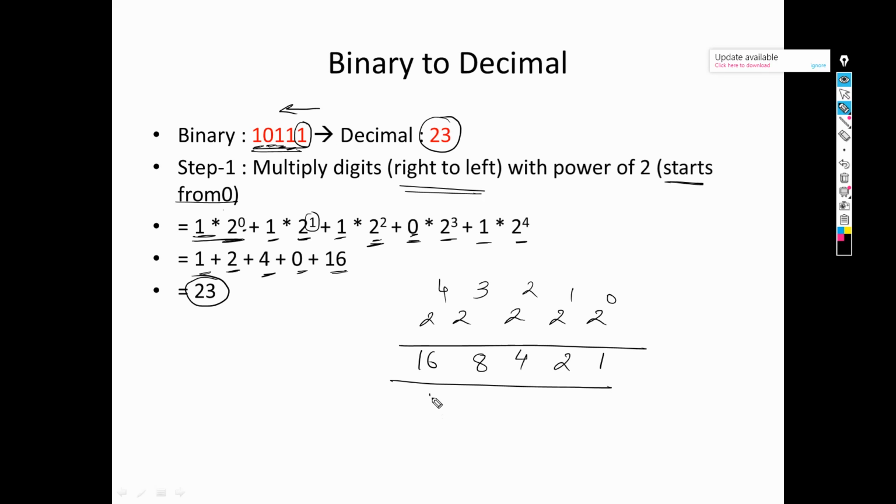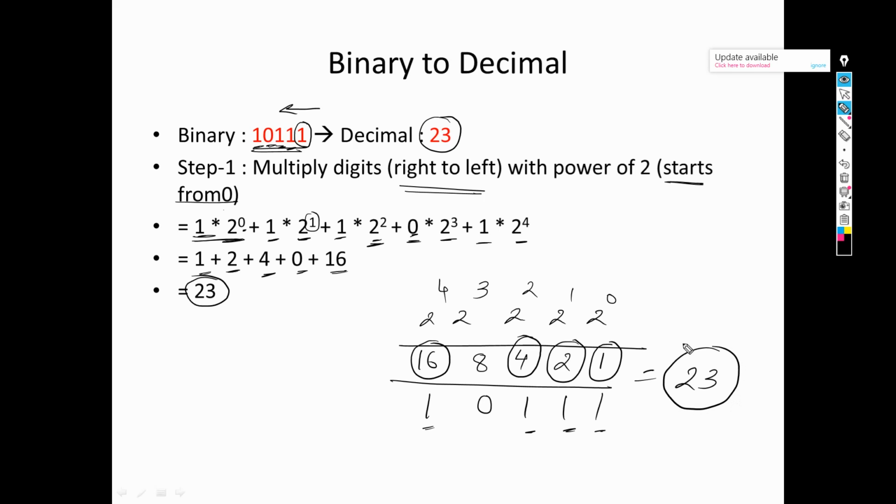We will be writing here 1, 0, 1, 1, 1. Wherever it is 1, here, here, here, here, take the sum of all those numbers. So it is 1 plus 2 is 3, 3 plus 4 is 7 and 7 plus 16 is 23. So this is another way to get the value.